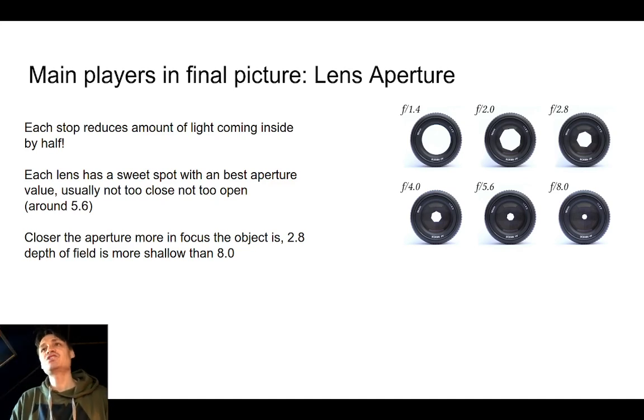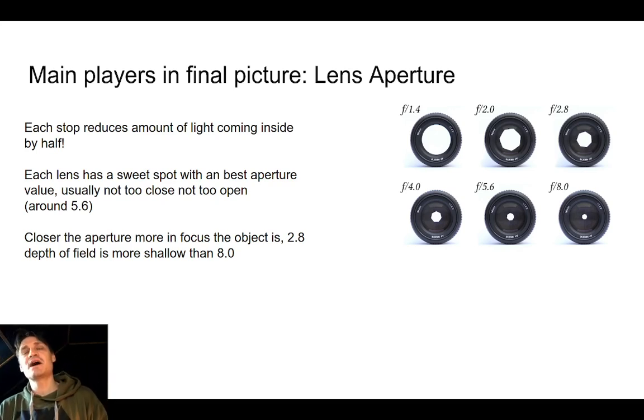Each time you increase the stop, the numbers are super weird, but each one is a jump of one stop: 1.4, 2, 2.8, 4, 5.6, and 8. Each time you are reducing the amount of light by half. It is important for later.